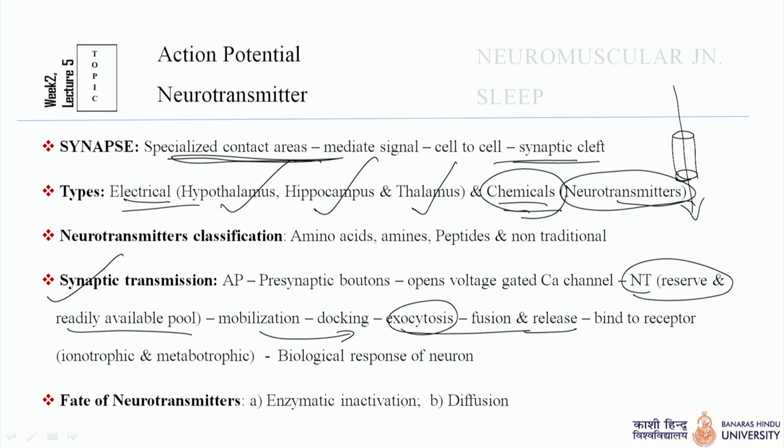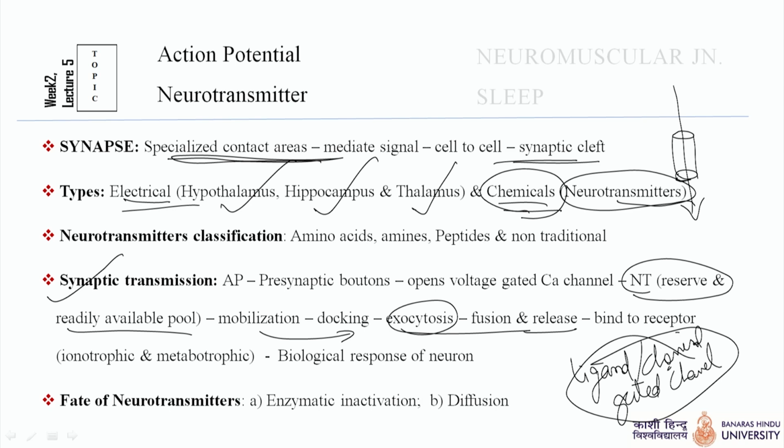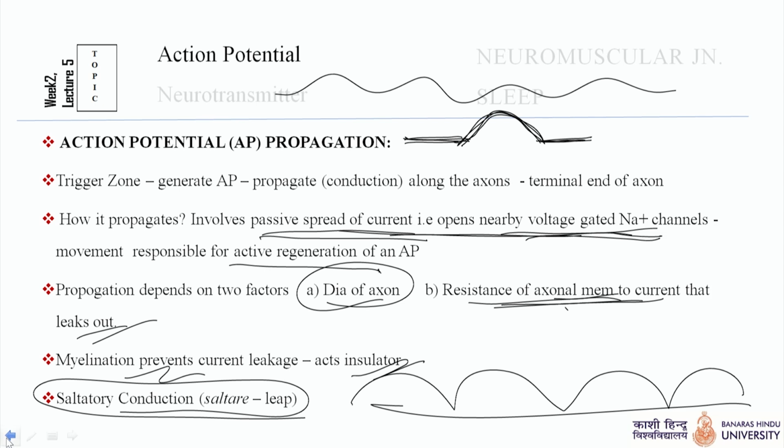Once it releases in the synaptic cleft, it will go and bind to the postsynaptic membrane, where there are different types of channels called ligand or chemical gated channels. So far we discussed the voltage gated channels, but suddenly how did it become ligand gated?